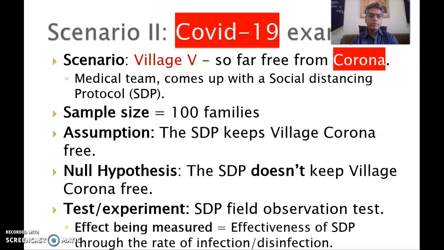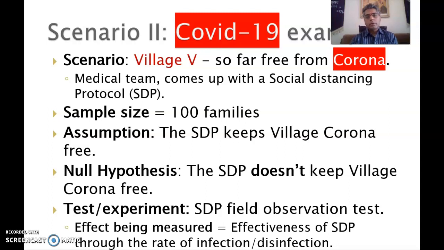As per the scenario, the village V, which was so far free from corona, had a medical team which came up with a social distancing protocol, which we call SDP. The sample size was 100 families, and the assumption that we made here was that SDP keeps the village corona free.